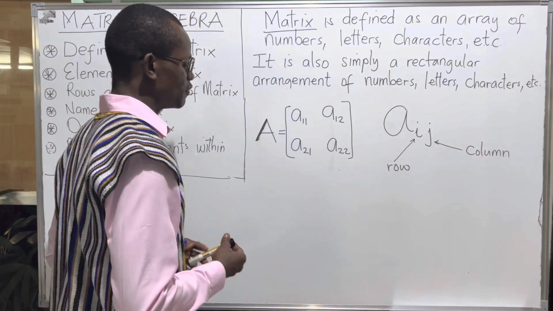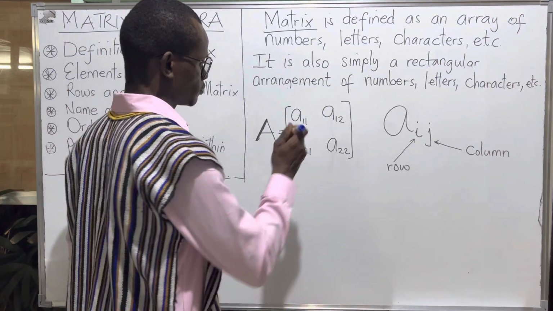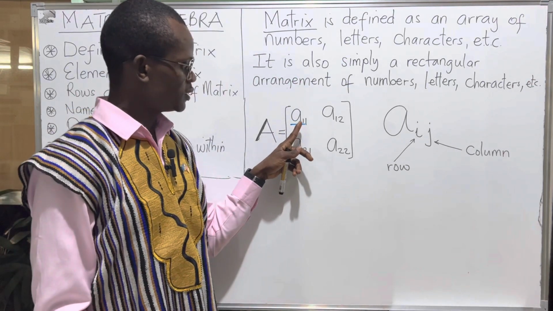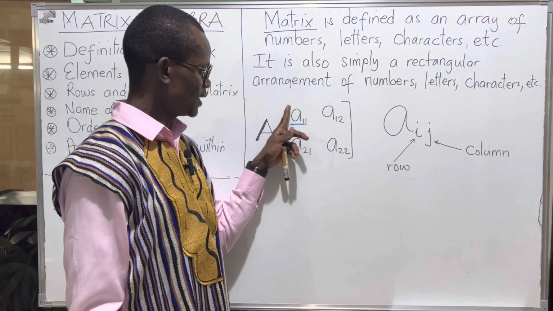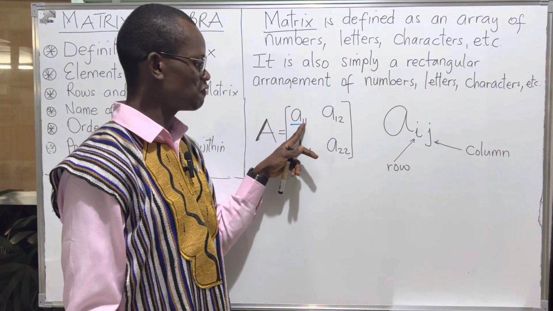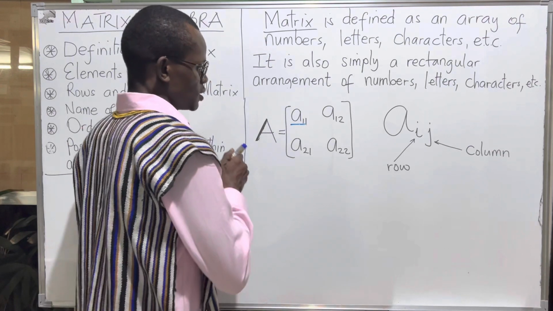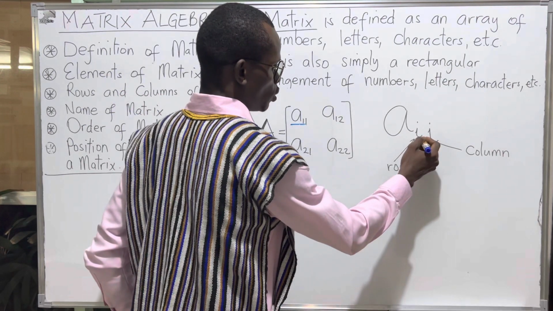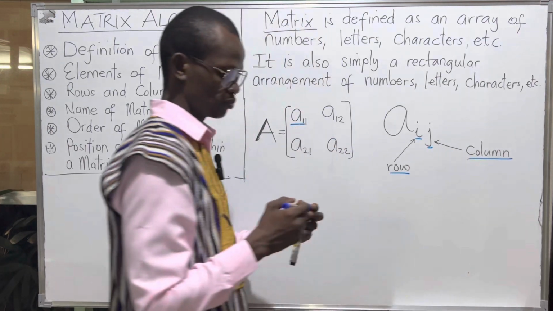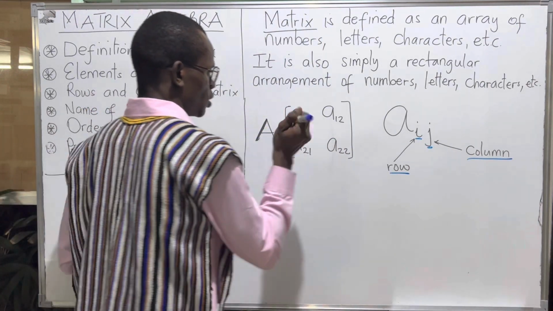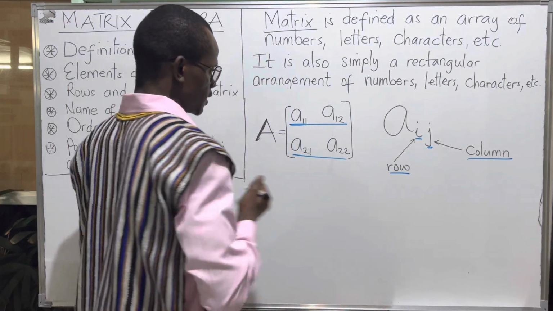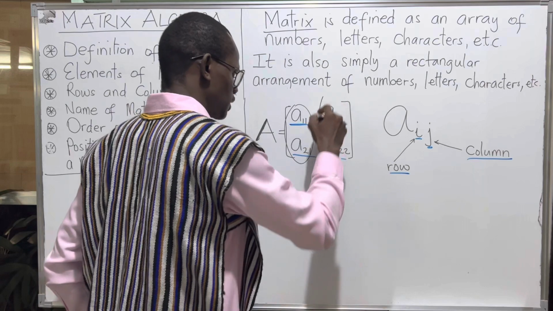The position of the first element means that this element is in the first row and the first column. The first number represents the row and the second represents the column. So this is a row, this is a row, this is a column, this is a column.